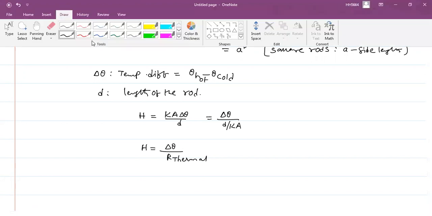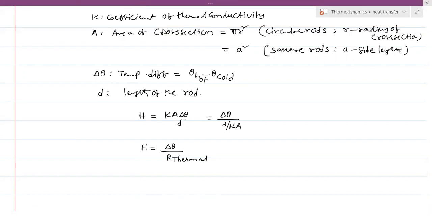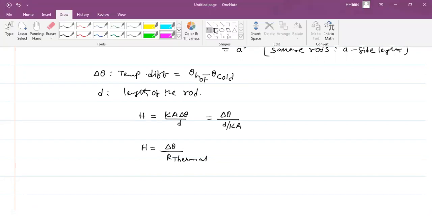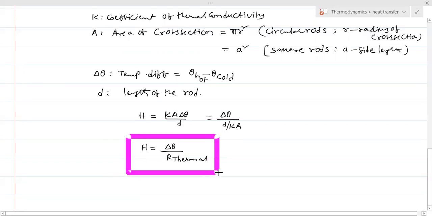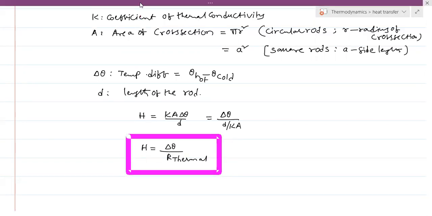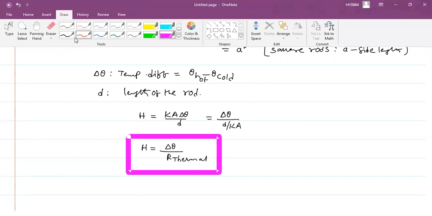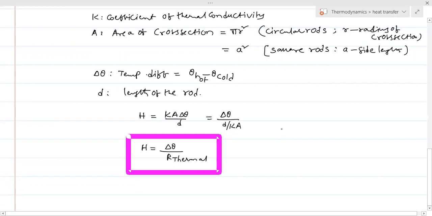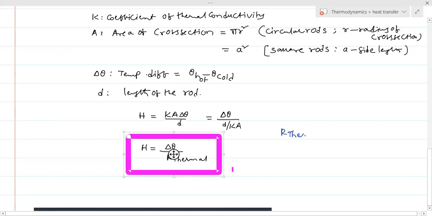So this is a very important formula: H is equal to delta theta by R thermal. That means R thermal is equal to d by K A.